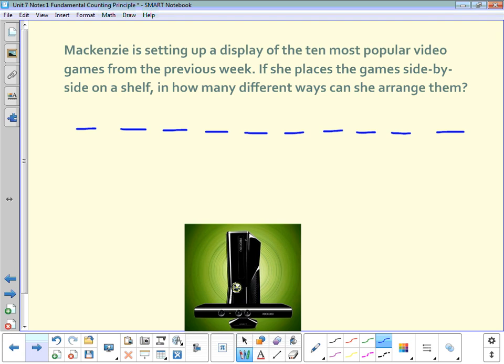So once we have 10 options for the first spot, once we put 1 there, then we only have 9 options for the second spot, 8 for the third, and so on, all the way down to the very last spot when there'll only be 1 option left.